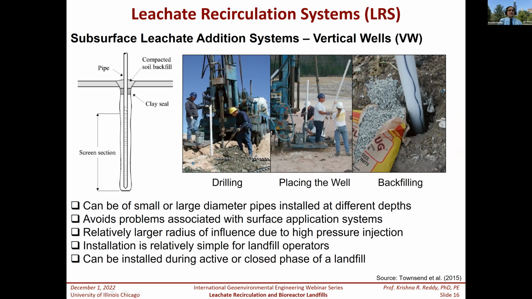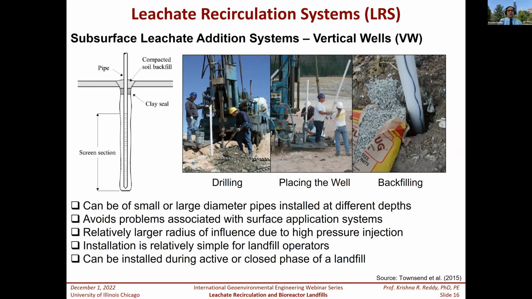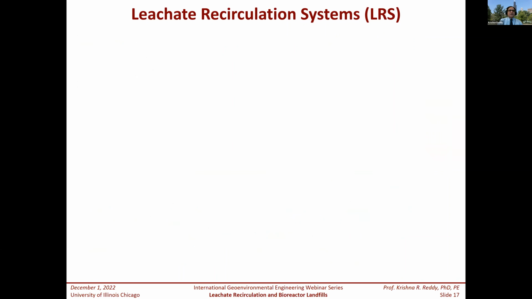When you inject, the leachate is distributed through the slotted pipe. This can be done after the waste is placed, or even in existing landfills that don't have bioreactor operations. You can install these wells and then inject the leachate.